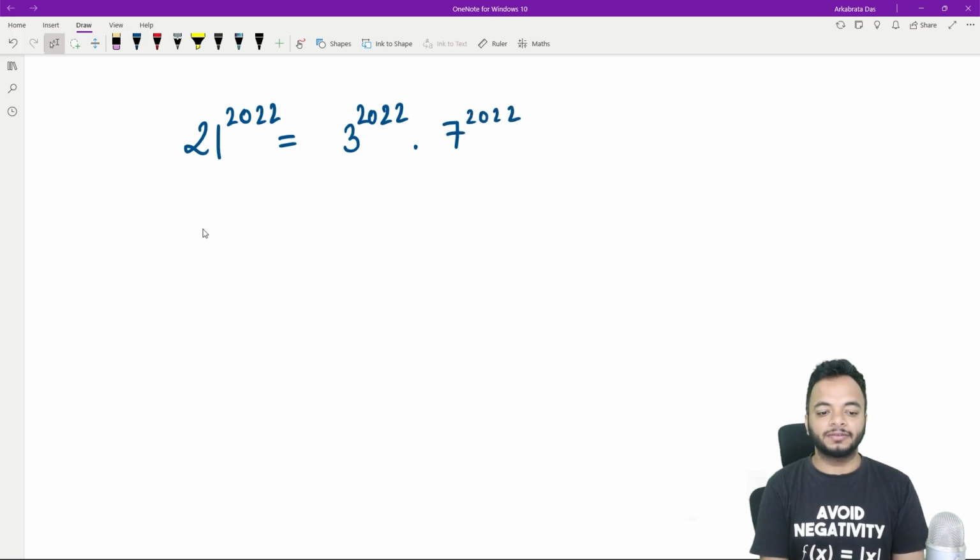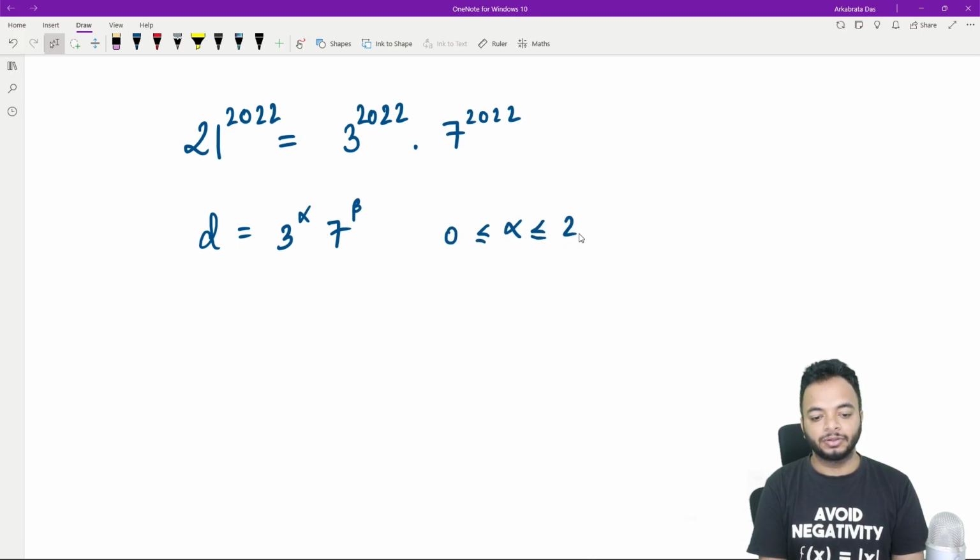Any divisor of this number will be of the form 3 to the power alpha times 7 to the power beta, where alpha ranges from 0 to 2022 and beta also ranges from 0 to 2022.